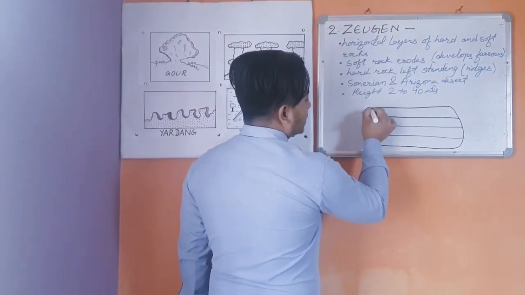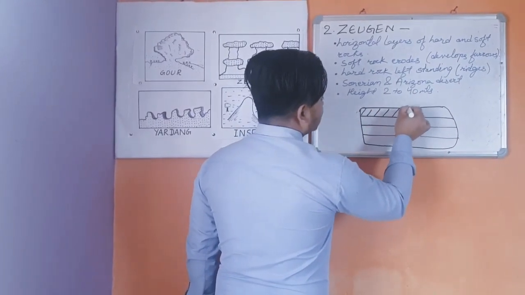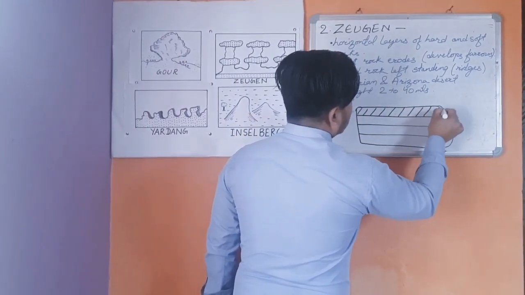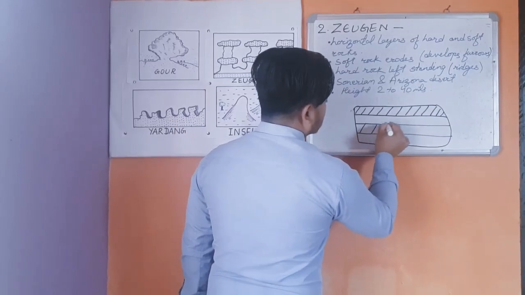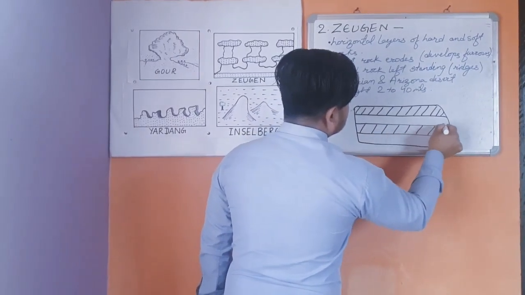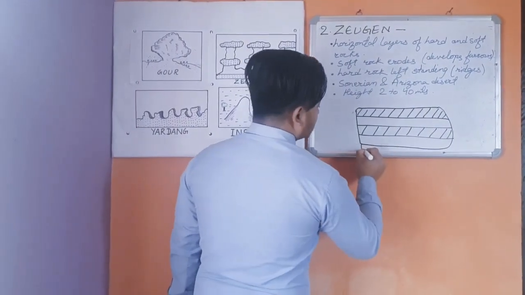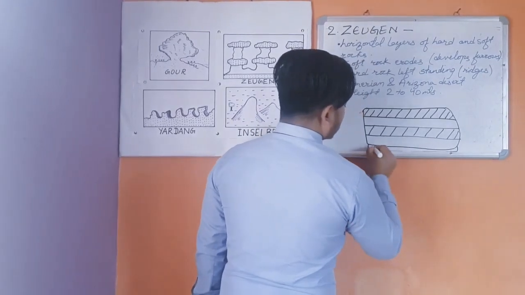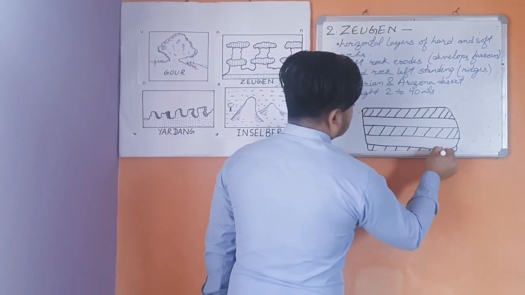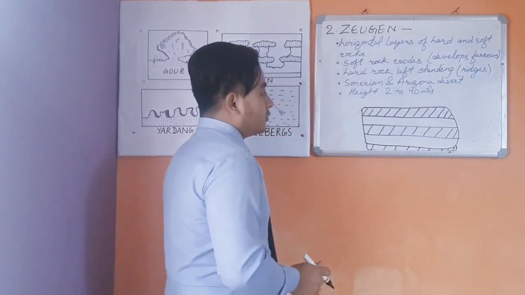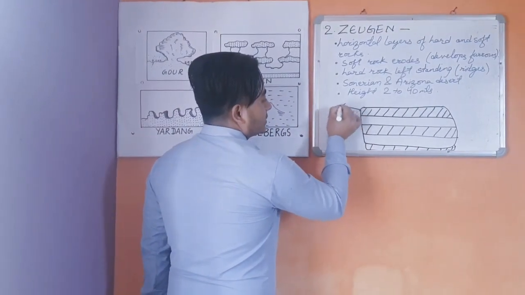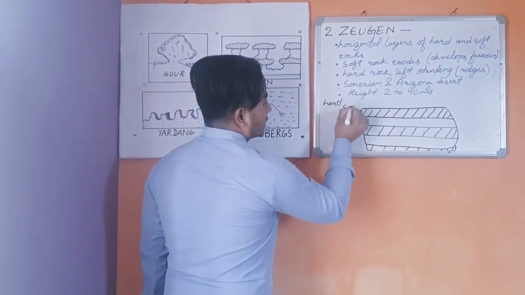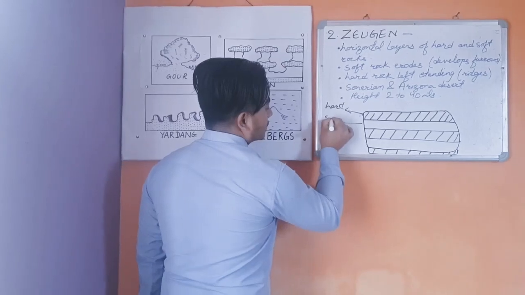For example, if these are beds or layers of hard rock and below there is a layer of soft rock. Okay, let me write, this is hard rock and this is soft rock.